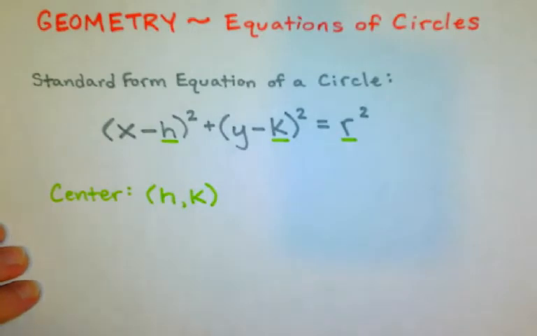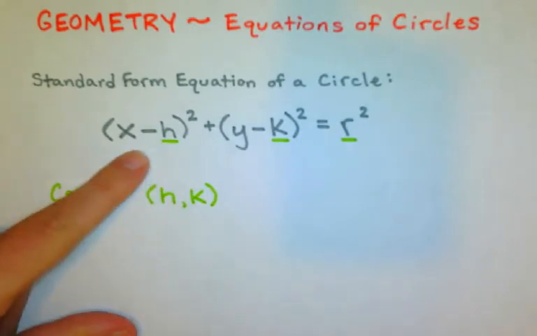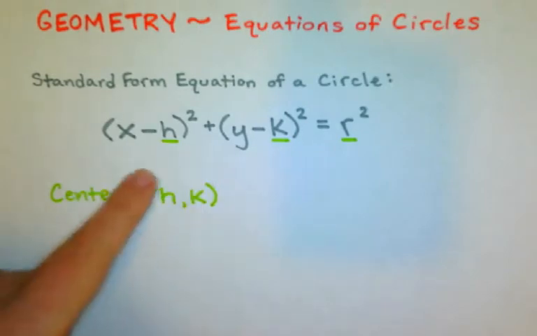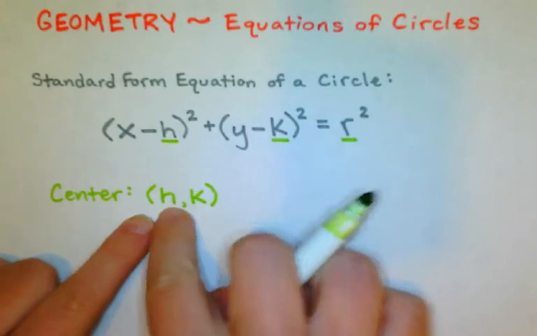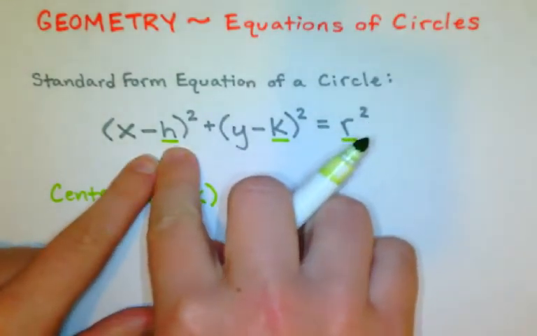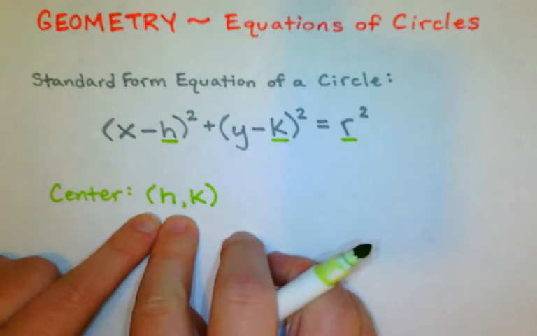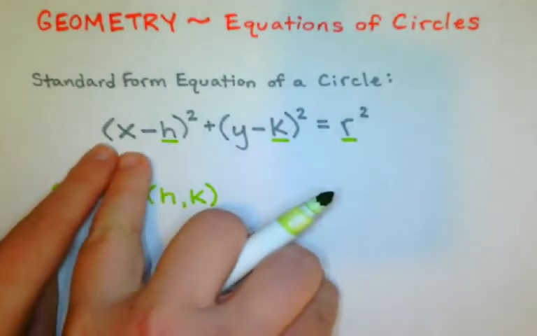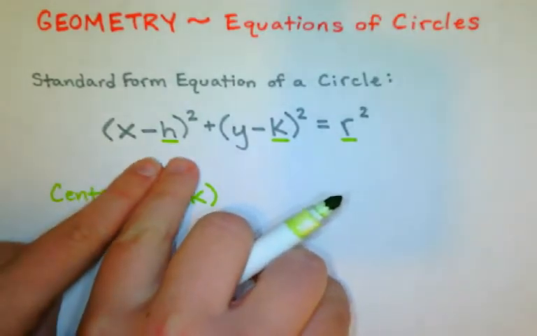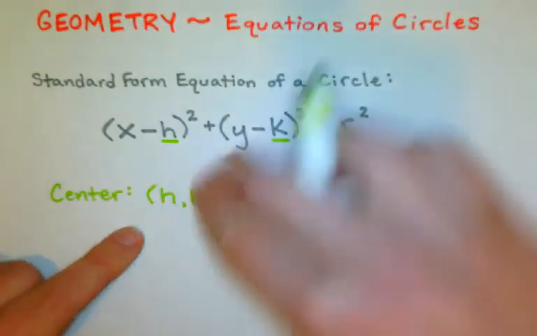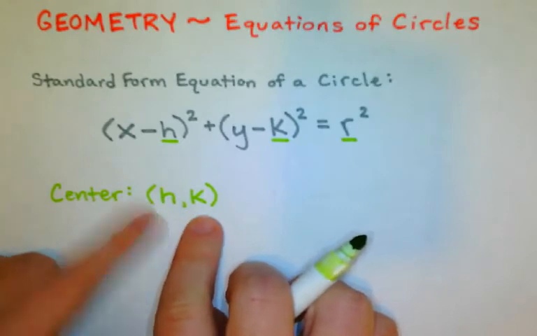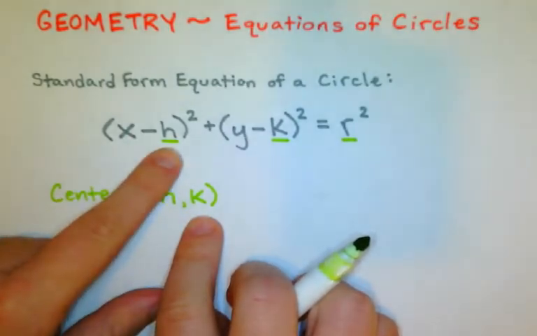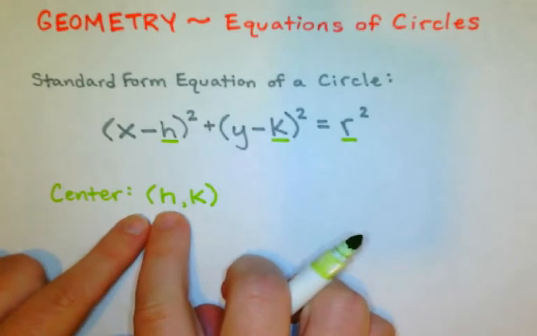Notice how the standard form equation is x minus h. If I were to plug a positive number in place of h, the equation would read like x minus 5. So whatever you see in the equation, it's the opposite for the center of your circle. If it's x minus 5 squared, then that means it's a positive 5 as our x value for the h.